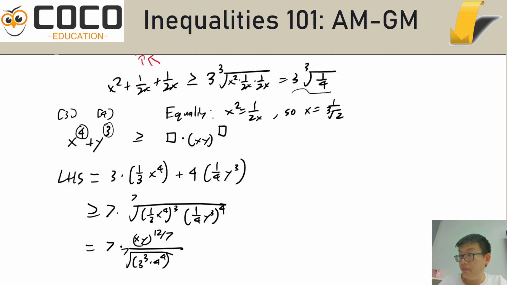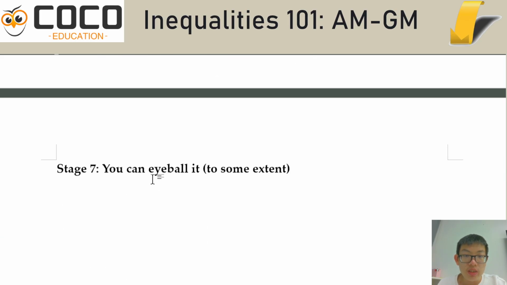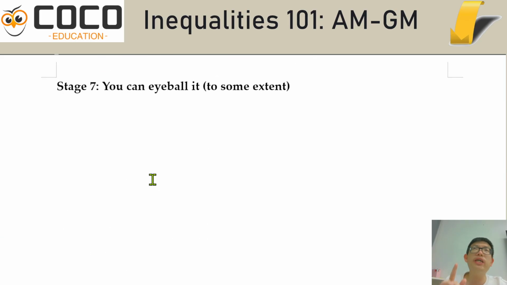The intuition is that because of the fact that your AM-GM, the arithmetic mean is made up of separate terms, you can chop them up how you want, and then the geometric mean is basically all of them just get shoved under a root. It means that you will be able to tell to some extent which ones are bigger.